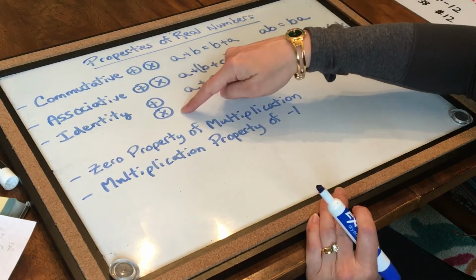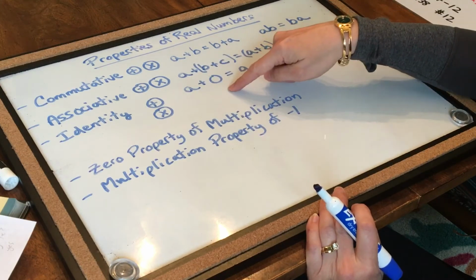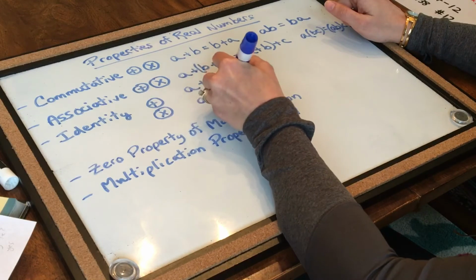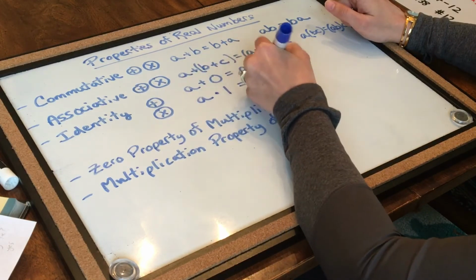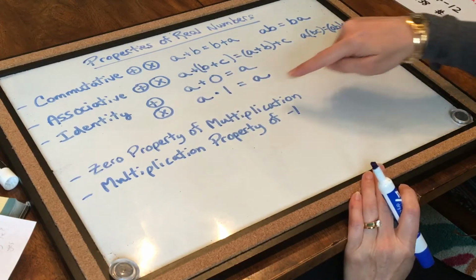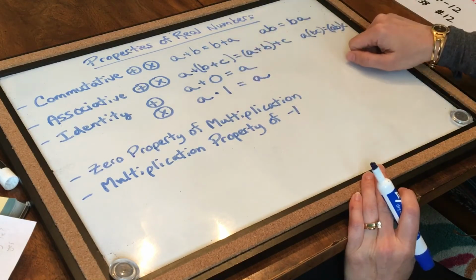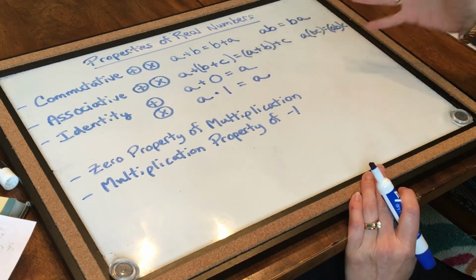For multiplication, that magic number is 1. So any number times 1 will equal itself. So again, the identity property is adding or multiplying a number, but still that number stays itself.